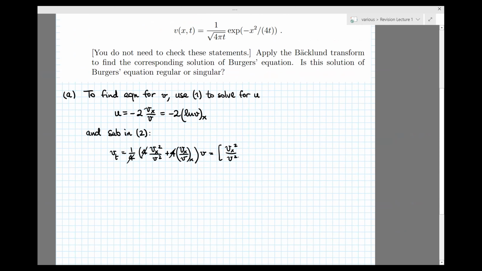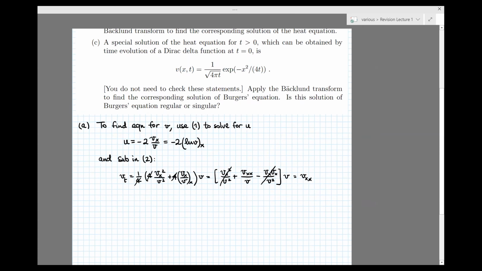And then the second term, first I differentiate the numerator, I get plus Vxx over V. And then I differentiate the denominator and get minus Vx over V squared times the derivative of V with respect to x, which is again Vx, and this all multiplies V. So now the first term and the third term nicely cancel out, and we get that this is equal to Vxx.